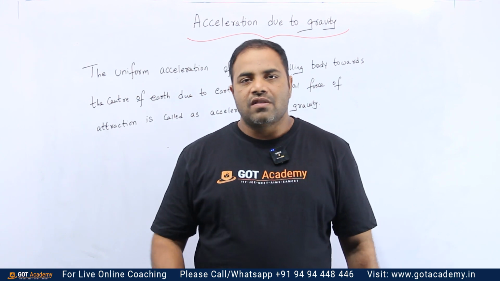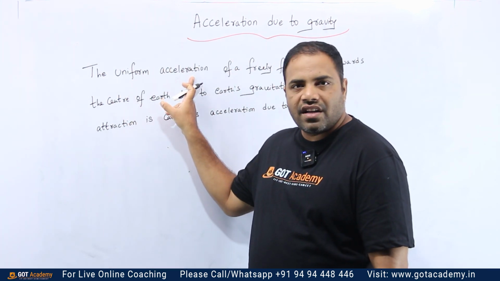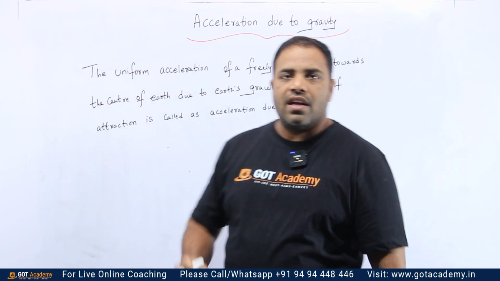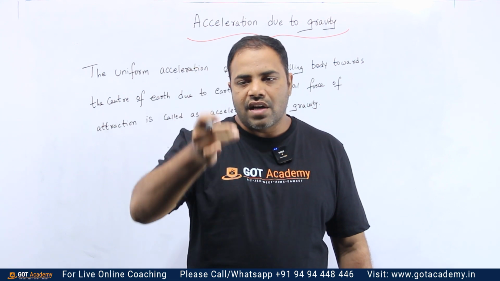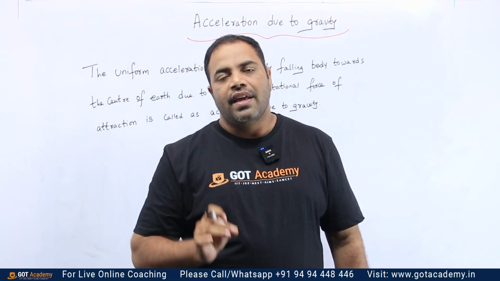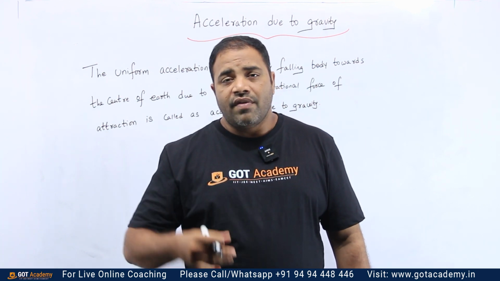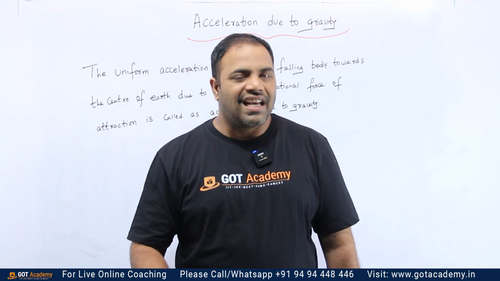Is it clear? So repeating, my dear children, this acceleration is nothing but the uniform acceleration of a freely falling body. If a body is just dropped like this, it falls freely, in the sense its initial velocity is 0. Now when it is moving down, we can observe its velocity as well as acceleration is increasing.